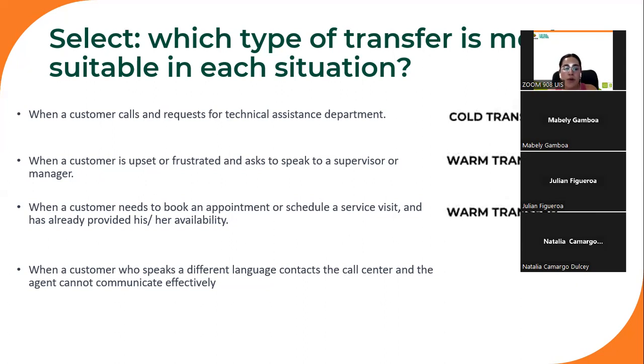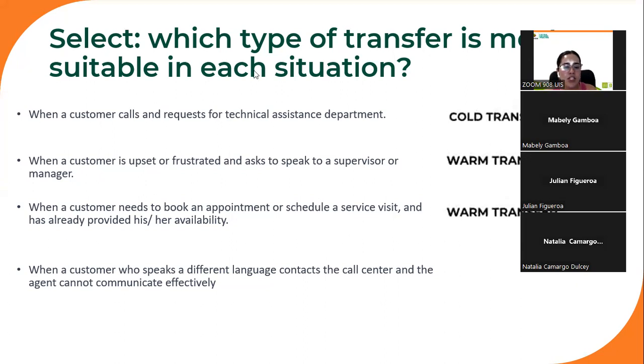This would be to avoid the customer having to repeat the same information that he or she already provided, right? Because we already have some details, it is important to make the connection so that the customer doesn't have to repeat again and again, okay?